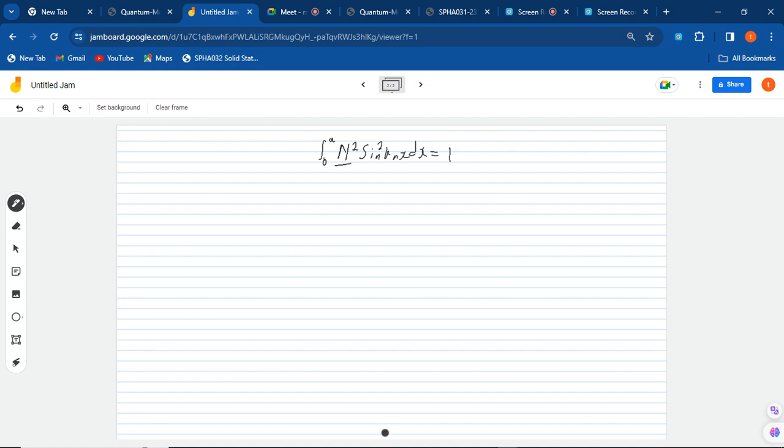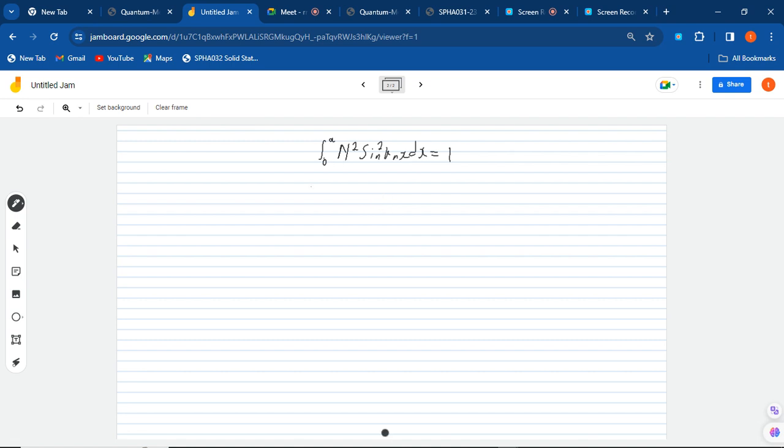Okay. Now you can see that this is a constant because we're integrating with respect to x, and this is sine squared k n x. So this k n x is an angle, which means we cannot take out this sine kn and be left with x. Sine squared kn x is one thing.